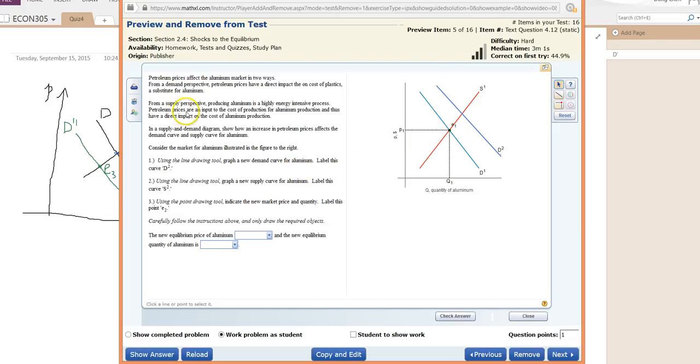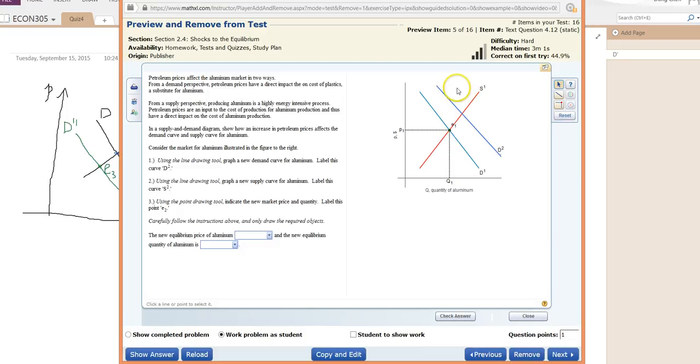Here it says producing aluminum is a highly energy-intensive process. So petroleum prices are also one factor in the cost of production for aluminum. If that factor price goes up, we should expect the supply to go down, given other factors.